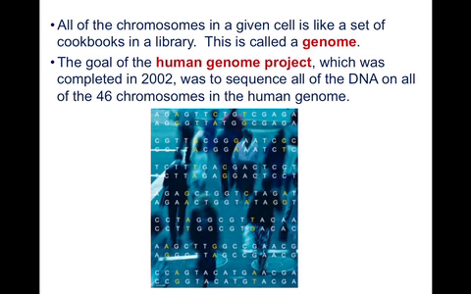And the Human Genome Project, which was completed in 2002, the goal was to sequence all of the DNA on all 46 chromosomes and figure out what each gene was for. And in reality, we just found out recently that we know very little. We thought we knew a lot. We actually know very little. But we do know certain things. We do know that certain genes are linked to certain cancers.